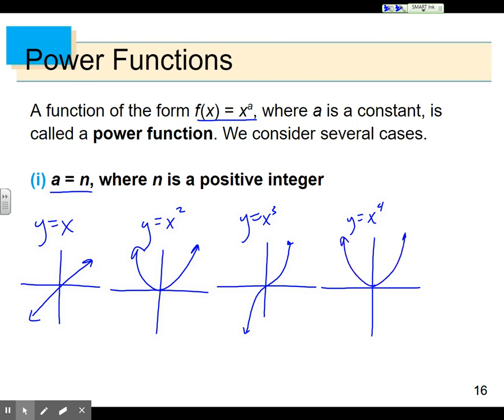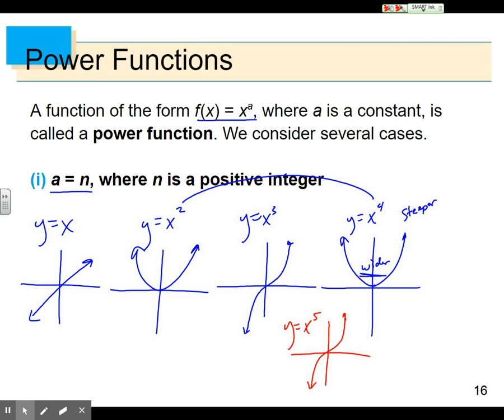Now, ideally, this is a little bit steeper than the last one, and down here at the bottom it should be a little bit wider. I purposely didn't draw it with any units on there, and it keeps going. Everything that has an even power is going to take on the shape of a parabola, whereas everything that has an odd power is going to be a snake on a plane.